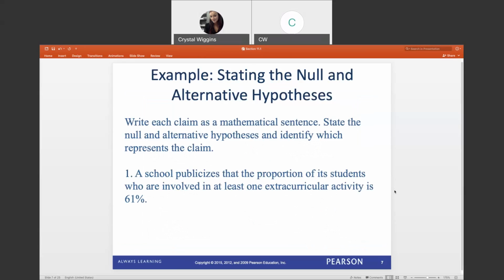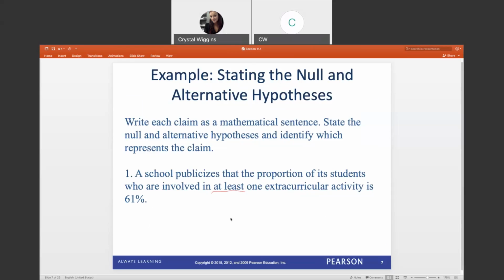So for example, stating the null and alternative hypothesis, let's try a couple examples. A school publicizes that the proportion of its students who are involved in at least one extracurricular activity is 61%. This one can be a little tricky because of this wording.